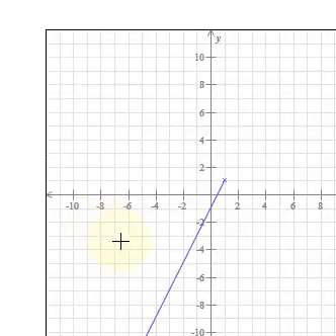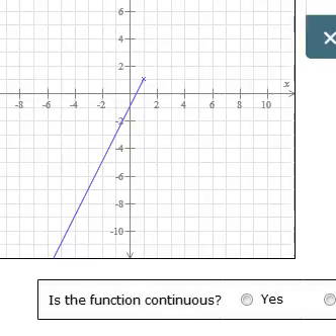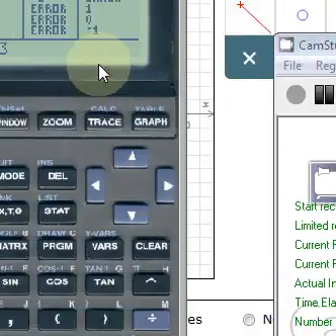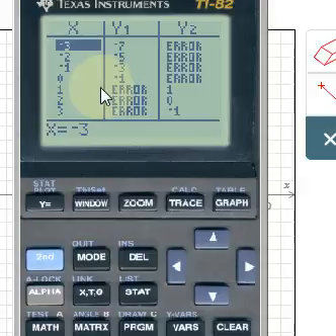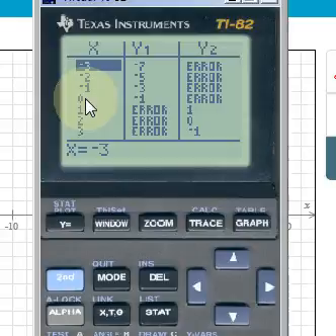Now what we have to do is figure out the next line, which you can do by looking at the table here. It goes out 0, -1.